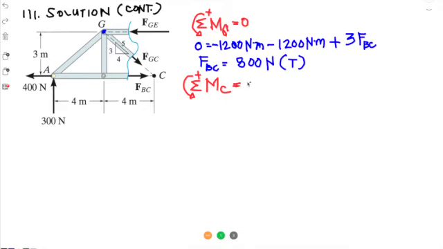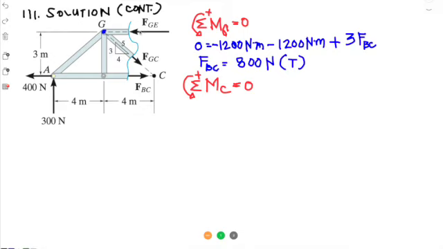Okay, now is the assumption for the direction of G correct? If we do summation moments at C, the 300 newtons will turn it clockwise, and there is no other. This 400 newton force is also concurrent with point C, so it will not make a moment about point C. The other one, the force FGE, should counter that clockwise moment, and it should be counterclockwise.